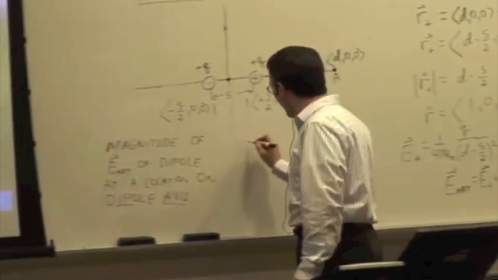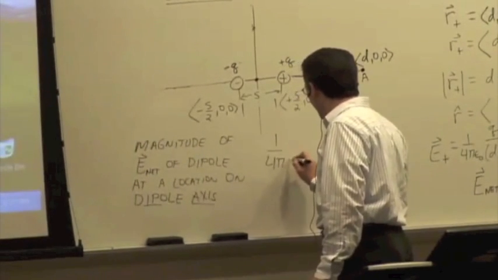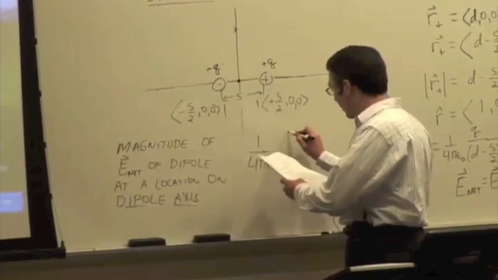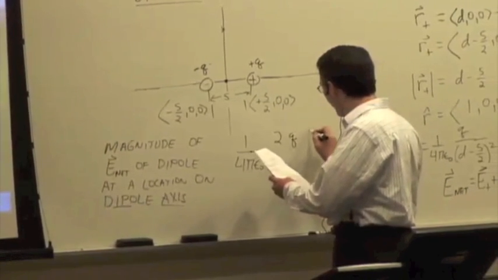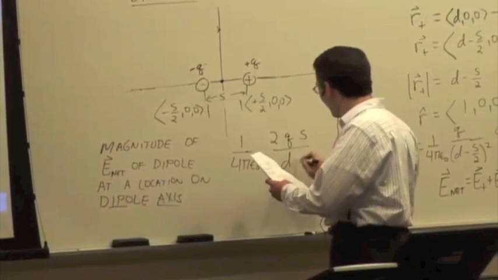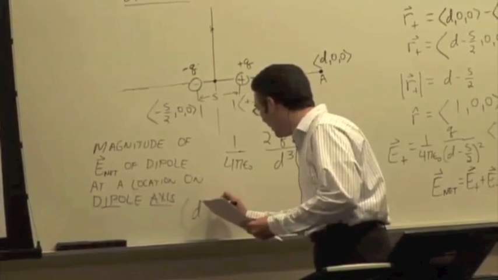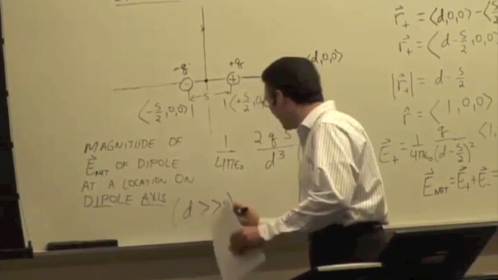And that magnitude works out to be 1 over 4 pi epsilon 0 times 2 times q times s over d cubed. And again, the approximation is that d is much, much bigger than s, okay?